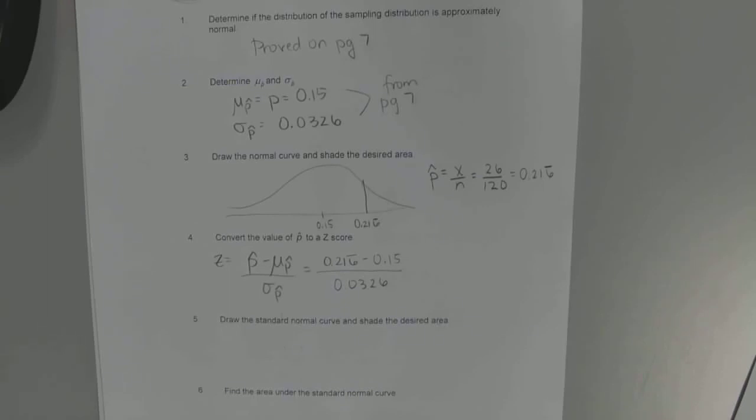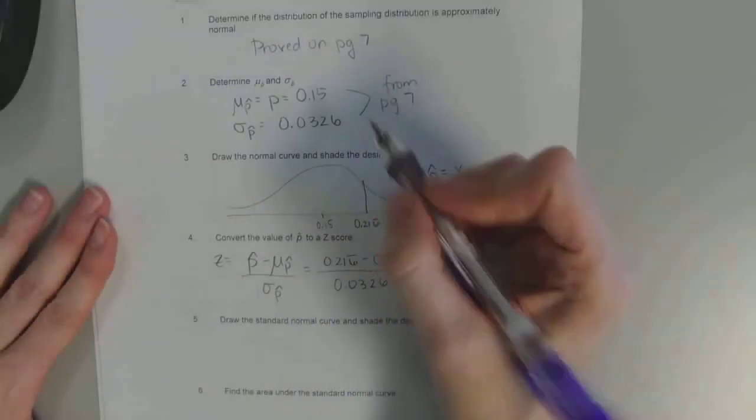What kind of numbers do you have? 26 or less, right? Would that mean 26 had hearing issues? No, less than 26 had hearing issues. If you shade to the right, what would it be? 26 or more have hearing issues, but hey, if 30 people have hearing issues, don't 26 people have hearing issues? It's kind of a trick question. 26 is hidden in any number bigger than 26, right? So this is shaded to the right.